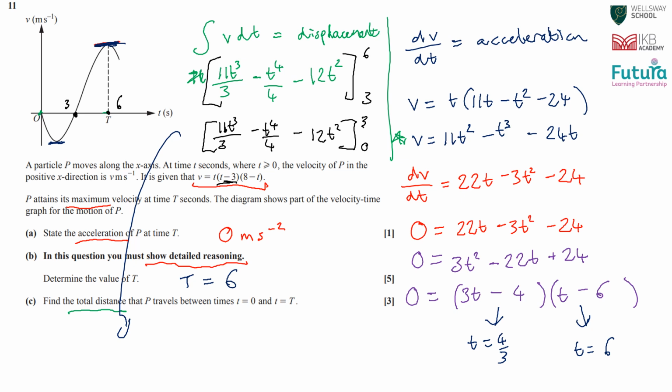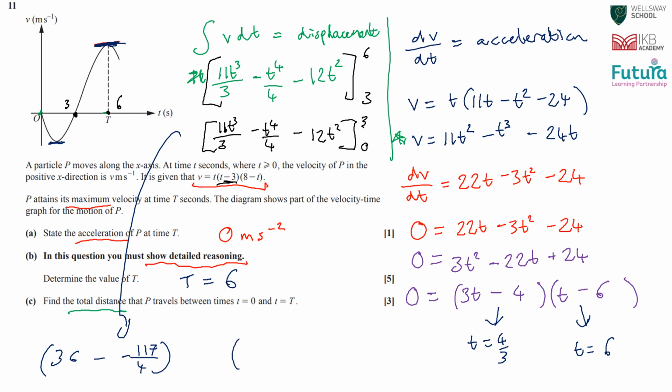So when you substitute in 6, you get 36. And then when you substitute in 3, you get minus 117 over 4, remembering we're minusing a minus just here.